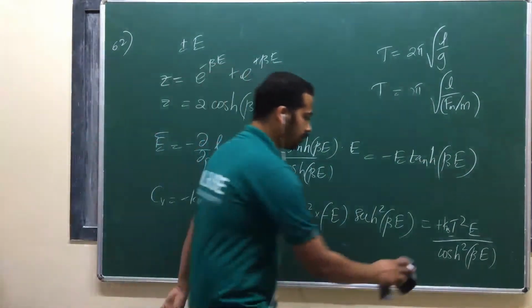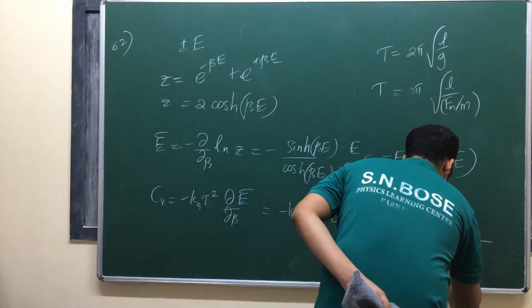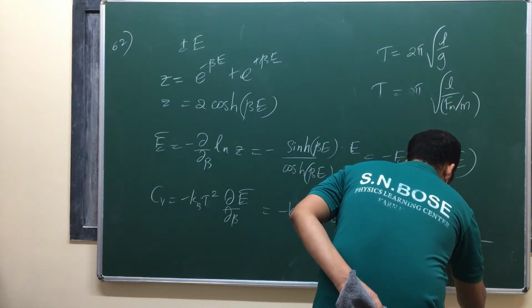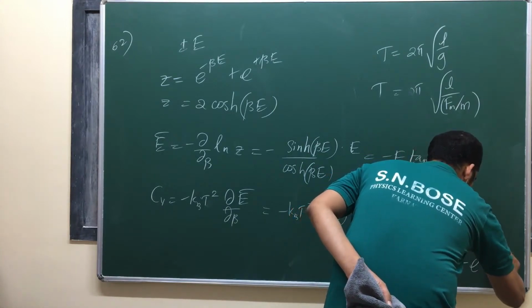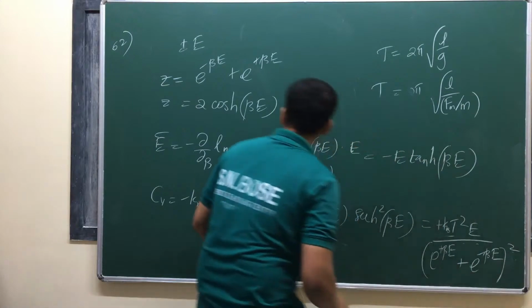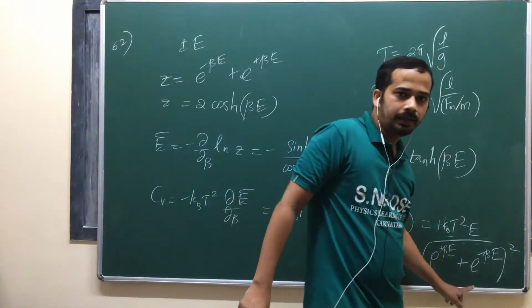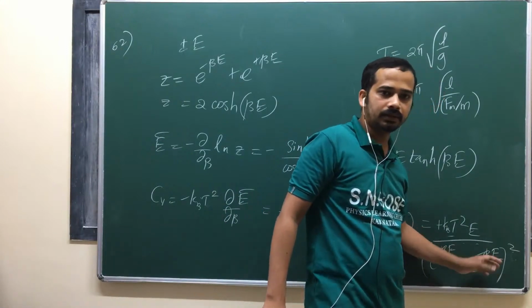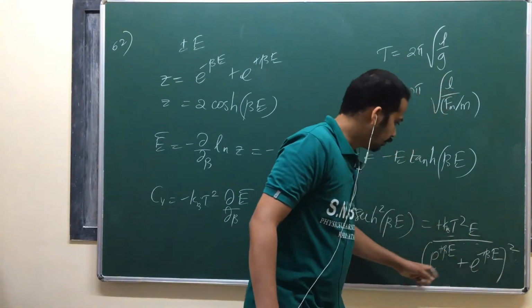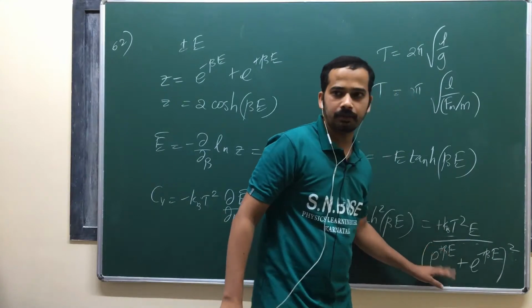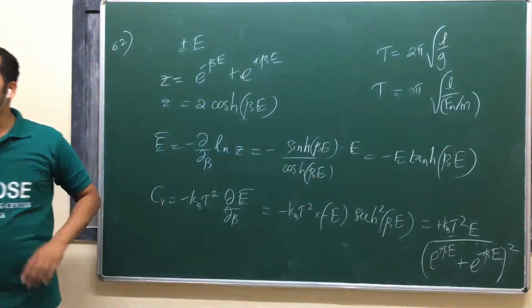That cosh square I can write as e power plus beta E plus e power minus beta E, the whole square. If temperature is very small, beta is very high, and e power minus a very high quantity is nearly equal to 0. So this square part will remain. You take it to the numerator and find the appropriate option.